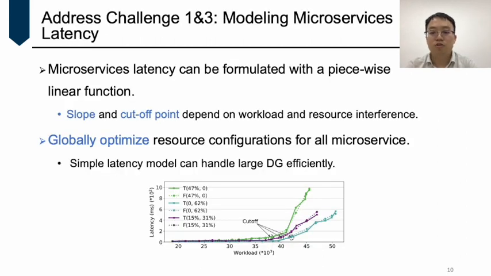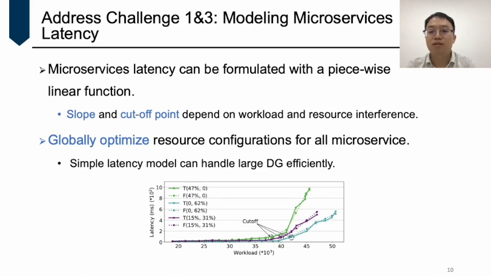We have some good observations to address the challenges just mentioned. First, we observe that the latency of most microservices can be formulated with a piecewise linear function, as shown in the figure. In the figure, the two numbers in each bracket are the host CPU and memory utilization, which represent resource interference. The slope and the cutoff point of the latency model depend on the workload and resource interference.